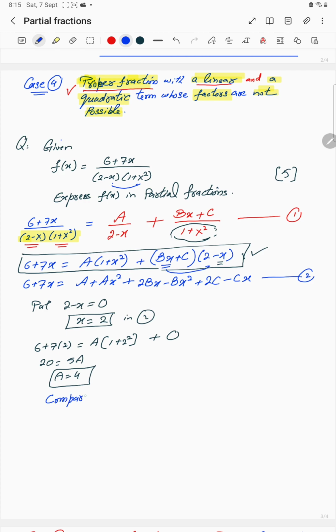Compare the coefficients of the highest degree in equation 2, which is x squared. On the left-hand side you don't have any term including x squared, so it doesn't exist; you can write 0 equals A minus B. A we have already calculated, so 4 minus B equals 0, which gives B equal to 4 as well.